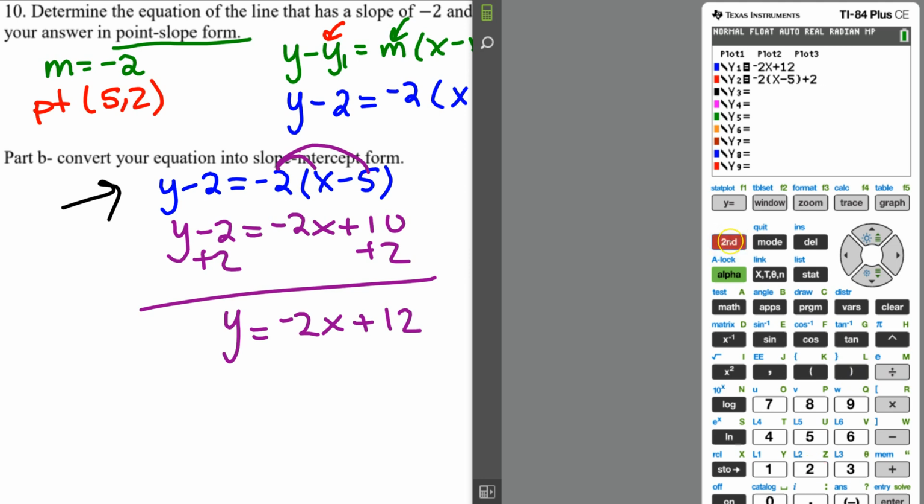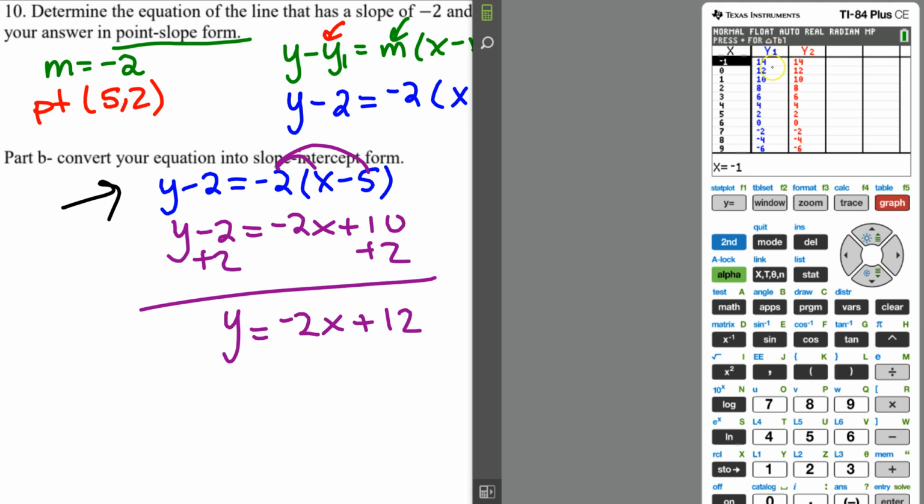Now if I hit second graph, you'll notice that everything in y1, which was my slope intercept form, matches everything in y2, which is that point slope formula, which just confirms that both equations are the same even though they look slightly different. So point slope form and slope intercept form still is the same equation containing all the same points, it's just looking different.